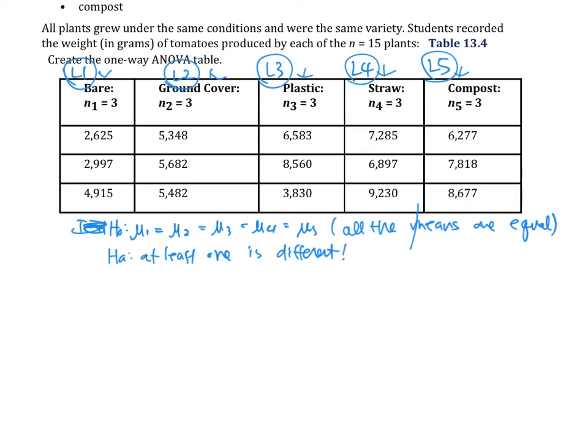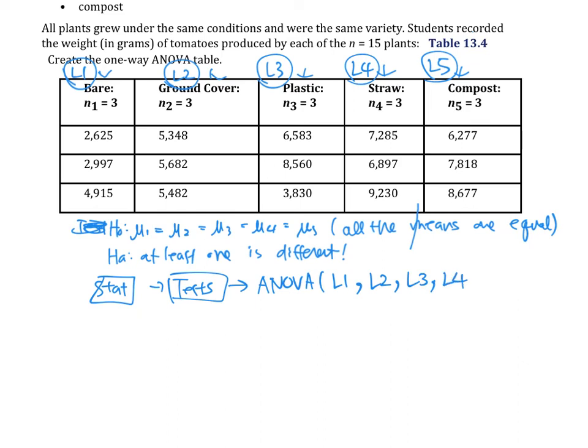Then I'll go to STAT, then TESTS, to the last one, ANOVA, and I'll say L1, comma, L2, comma, L3, comma, L4, comma, L5. When you calculate this out, the first number you get is the F ratio, which I don't need. The second number you get is the p-value, 0.0247. So 0.024 if you round off.